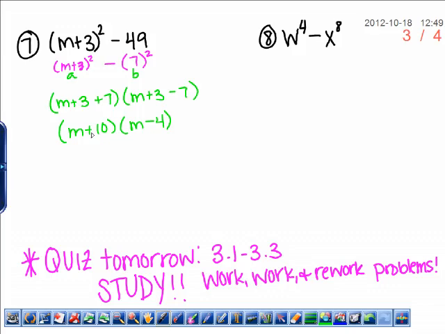Very good. We've got powers that are even, which means they can be squares. So let's think. What squared gives me w to the 4th? W squared. Minus what squared gives me x to the 8th? X to the 4th.